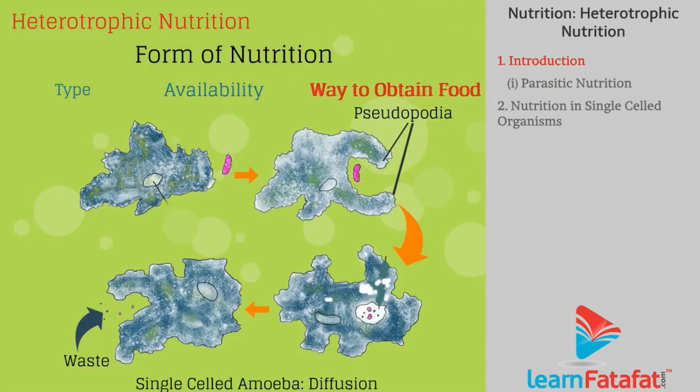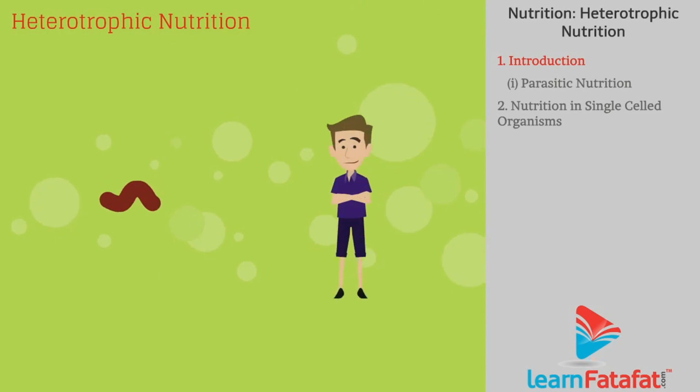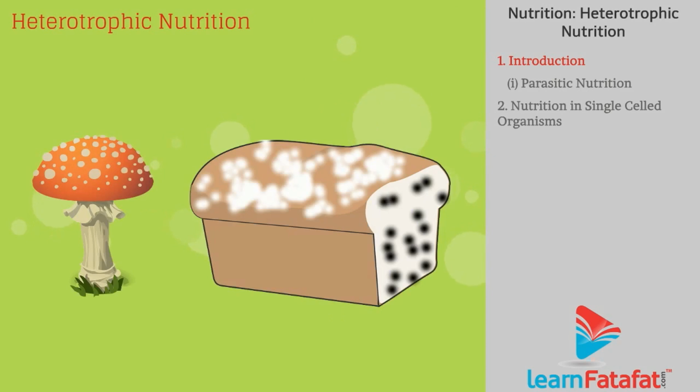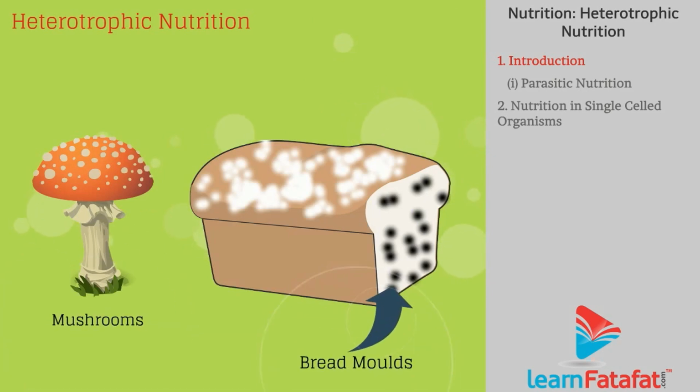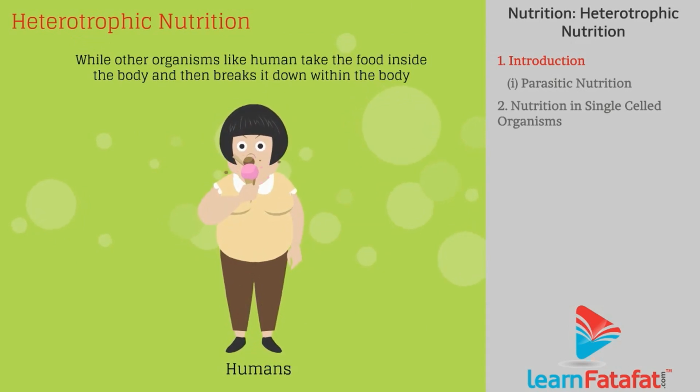Similarly, single-celled organisms obtain food by diffusion. Also, the ways to take food into the body vary from organism to organism. For example, some organisms such as mushrooms, bread molds, and yeast break down food material outside the body and then absorb that into the body, while other organisms like humans take the food inside the body and then break it down within the body.